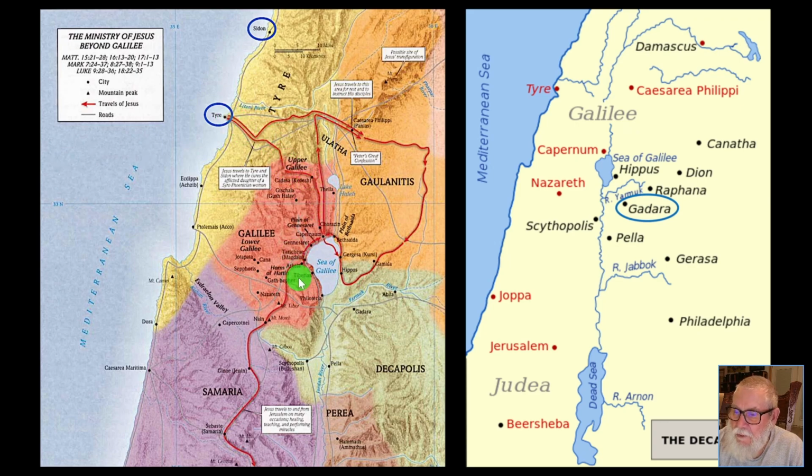The other thing I wanted to point out was, remember, Jesus went through Samaria to talk to the woman at the well, and she said, "Well, we worship the Lord on this mountain." Well, that mountain that she was talking about was Mount Gilboa right here.